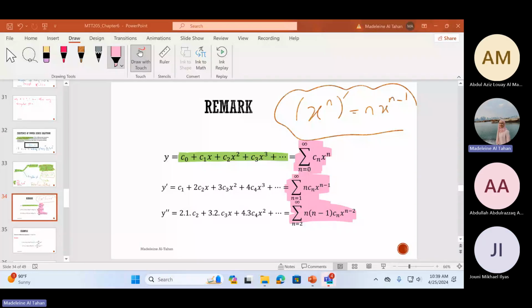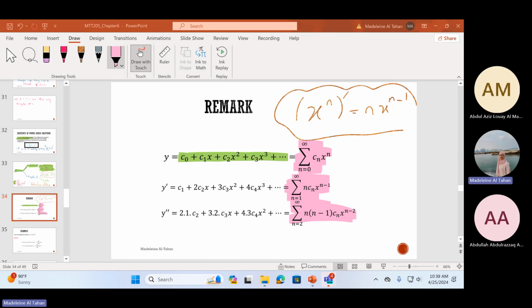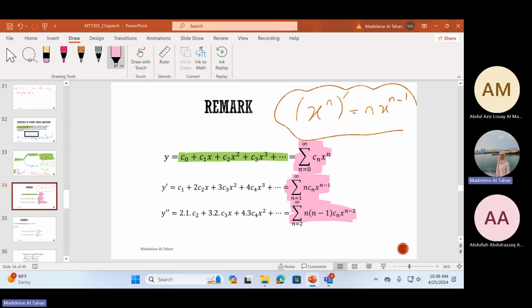Okay, so now we need to discuss the power series solution method. The first step, we need to make sure that it is an ordinary point. Then we will write the solution as y equals sigma Cn x to the power n. Then we will find y prime and y double prime.